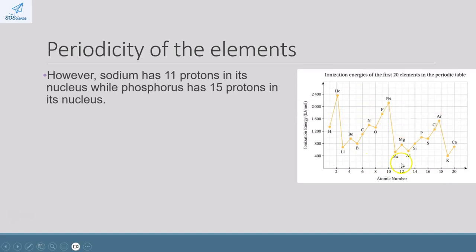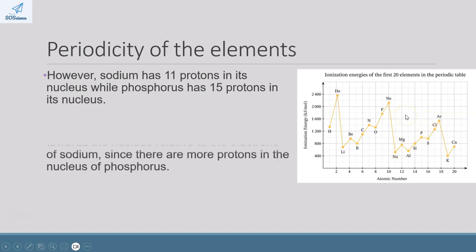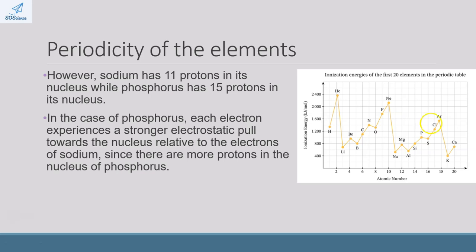However, sodium has 11 protons in its nucleus and phosphorus has 15 protons in its nucleus. So in the case of phosphorus, each electron experiences a stronger electrostatic pull towards the nucleus, whereas the electrons of sodium each experience a weaker electrostatic pull.